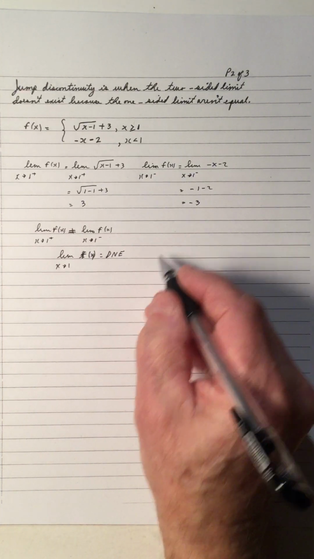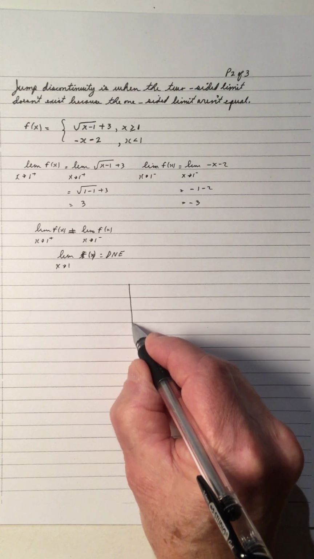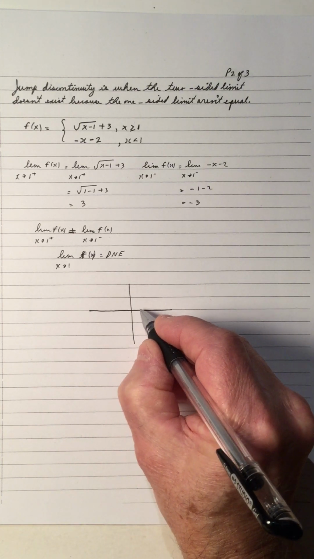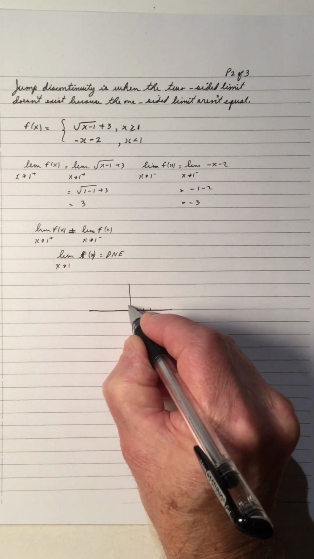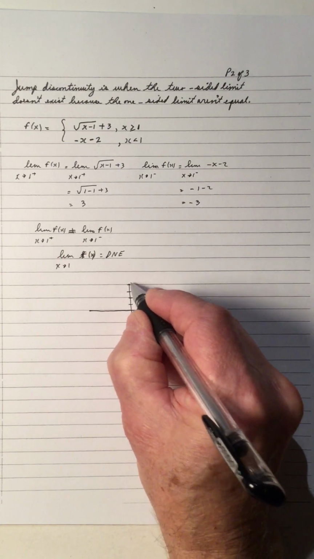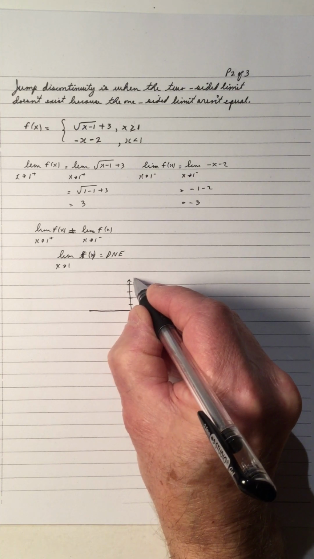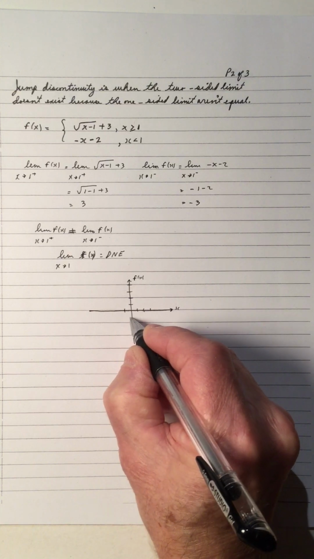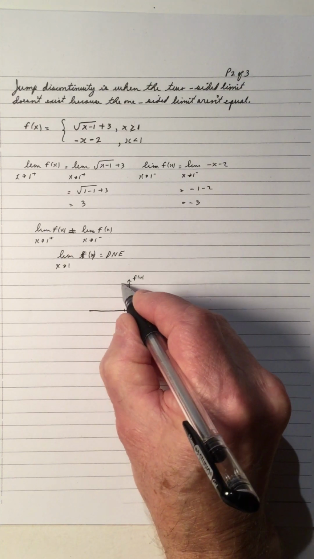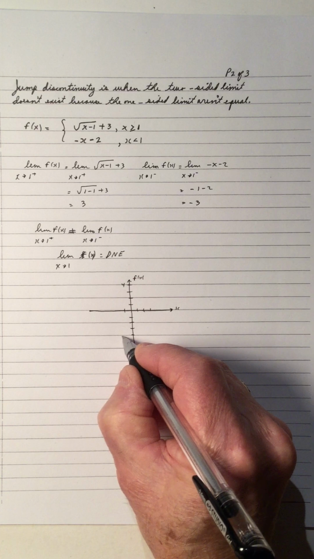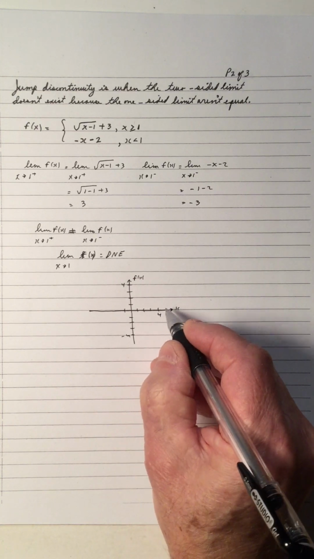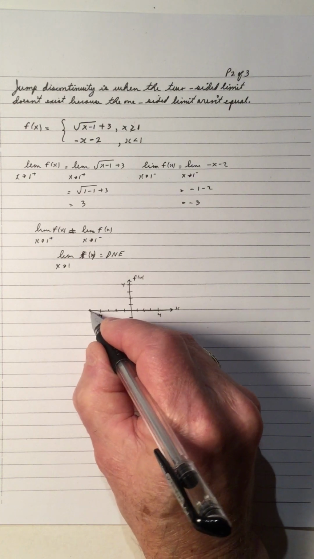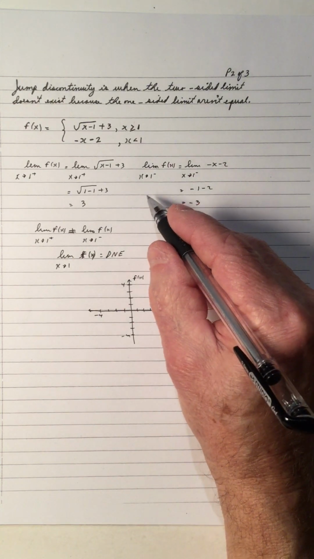So let's look at the graph of this one. Let's put the axes up to 4 and negative 4. This is f of x, and this is x.